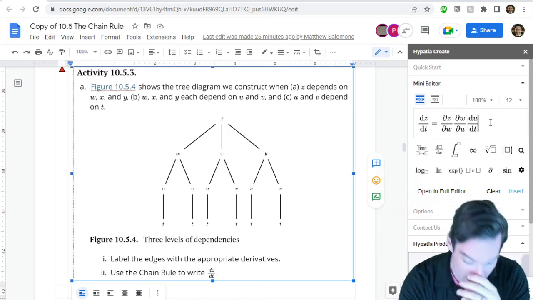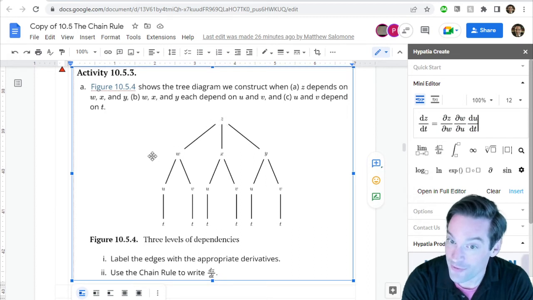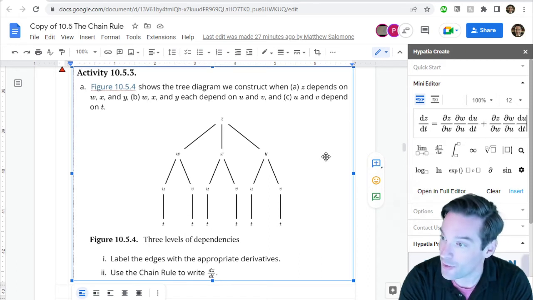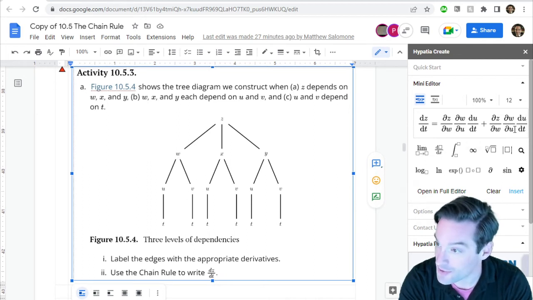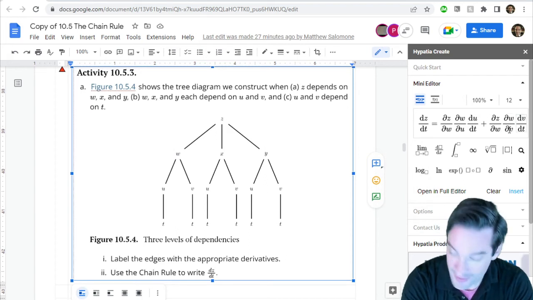So if we were to write out all of these different paths, let's see if I can use a copy paste to make my life a little easier. We have the first path, that's the first branch of the tree over here. If we go to the second branch, then that is going from z through w through v through t, and so we'll just replace u here with v instead.